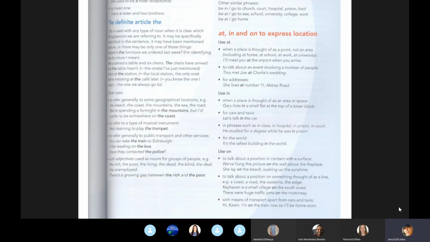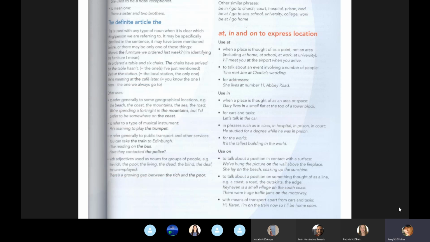When a place is thought of as a point, not an area, including at home, at school, at work, at university, we use at. I am not thinking in home as what home means to you and me, but I am speaking about home as the place.